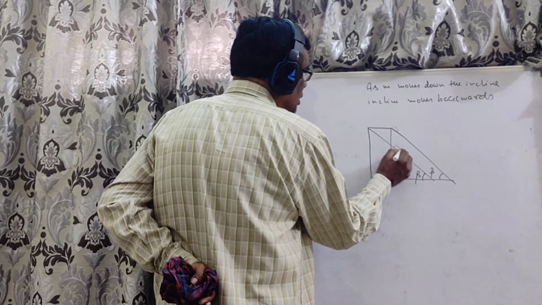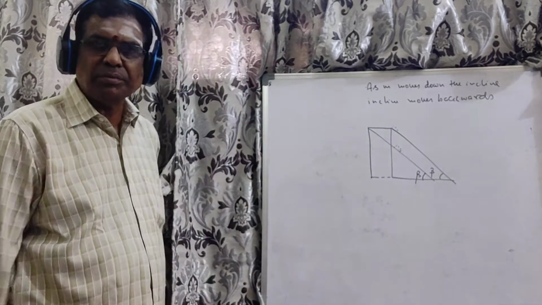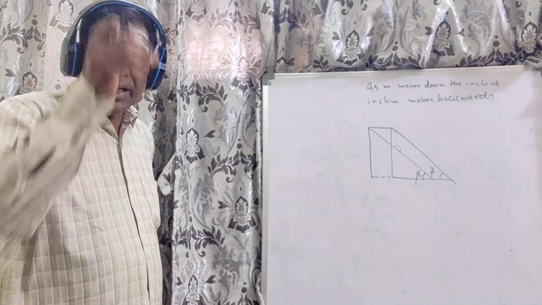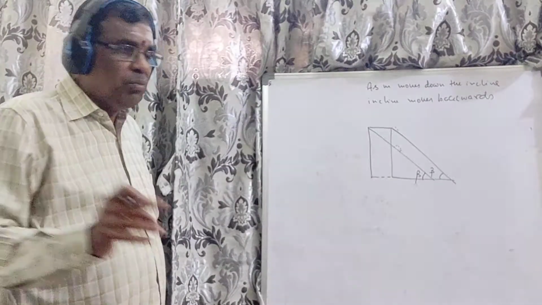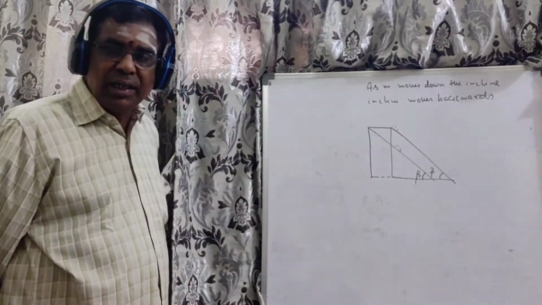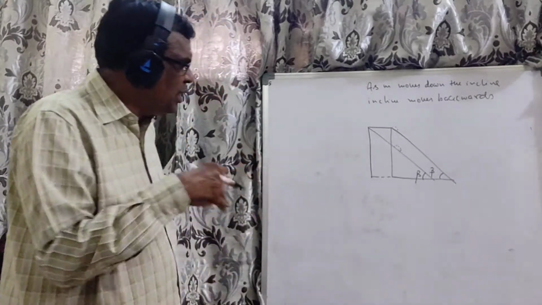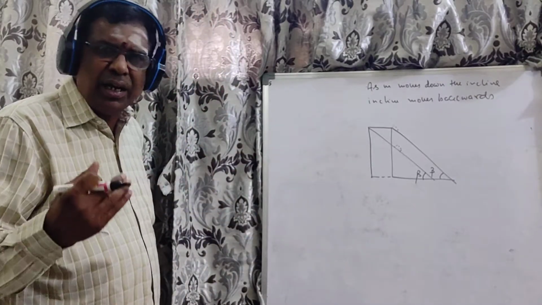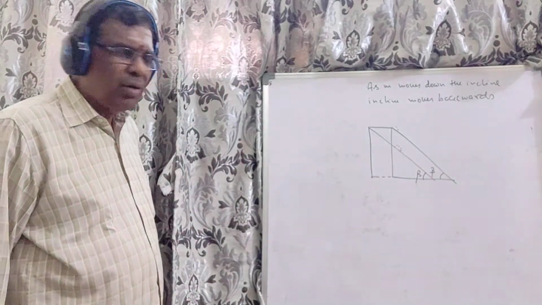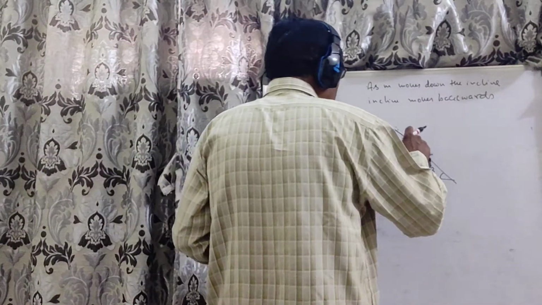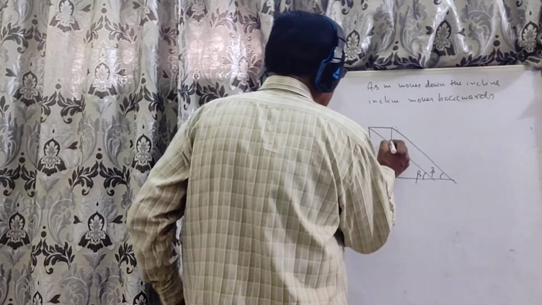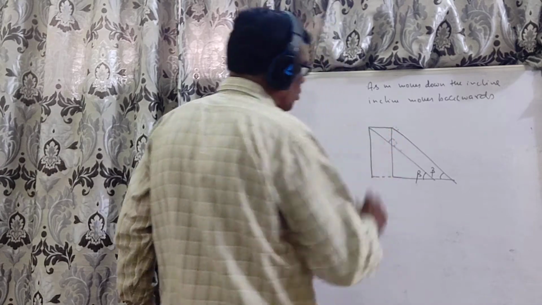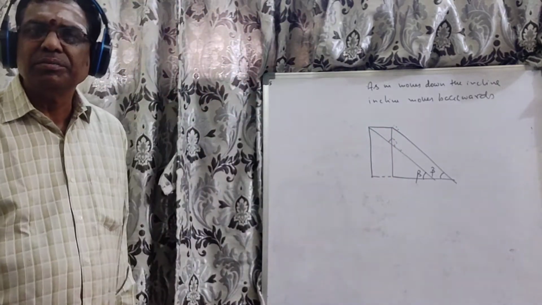This body must have come somewhere there. The body is not coming down, it is not moving along the incline. The body is having a very, very typical movement. Don't get carried away with the diagram. It would be like this somewhere.